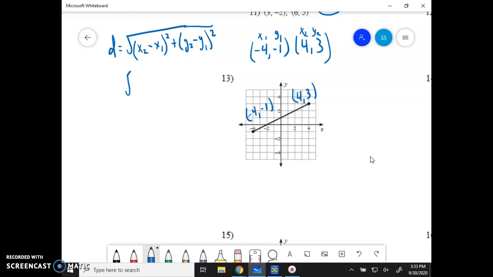So why don't I put this big radicand here, 4 minus x1 is negative 4, so we need to put this in parentheses. So we've got to square it, plus y2 is 3 minus y1, and we got to square that.